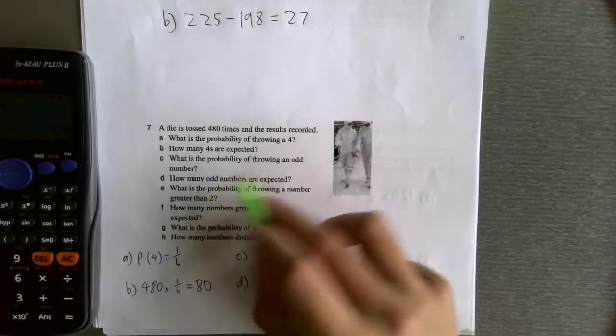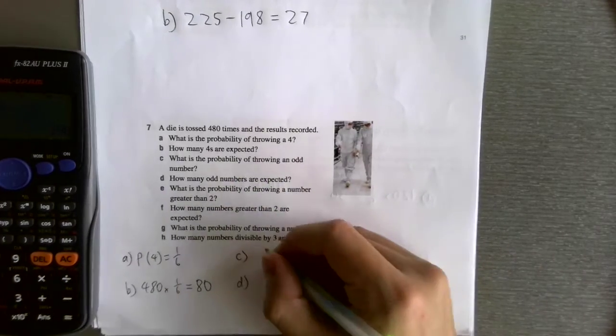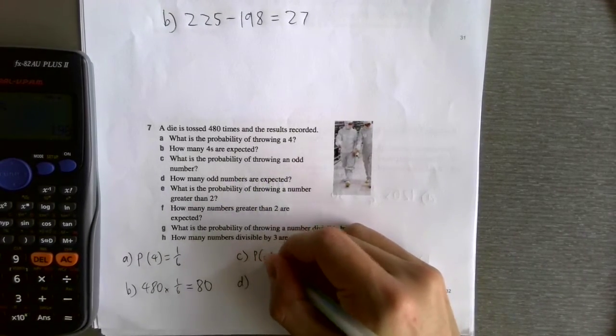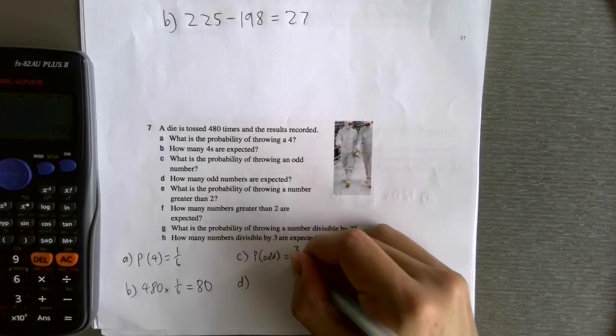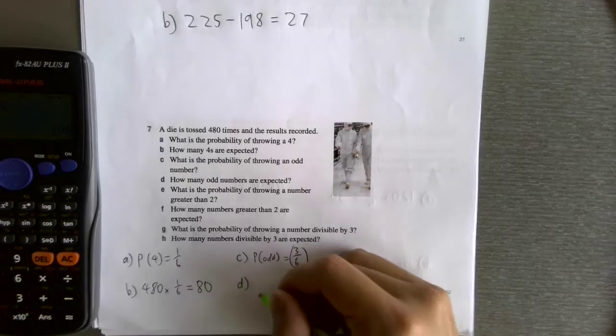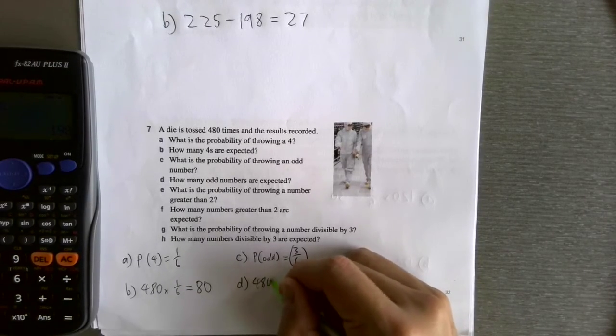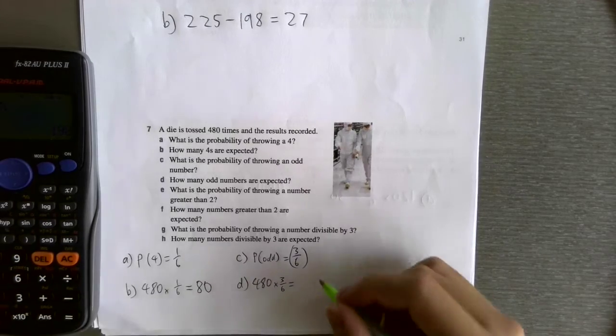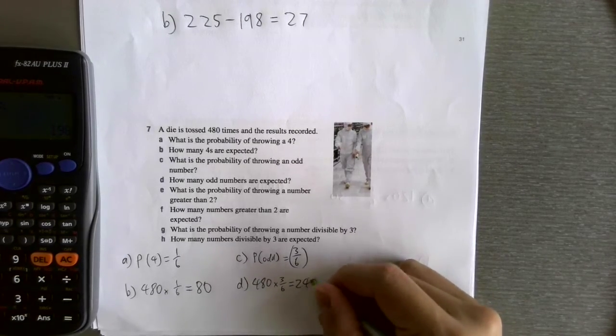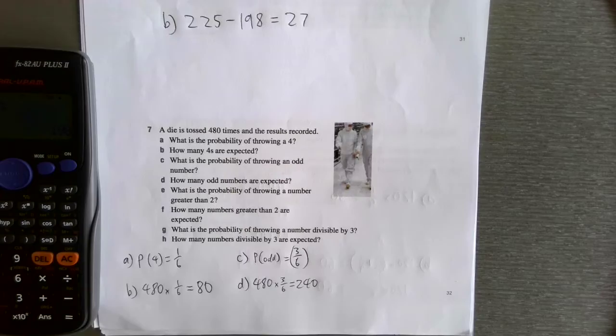The probability of throwing an odd number: there are 3 odd numbers on a dice, 1, 3, and 5, so the probability is 3 over 6, and we do 480 times 3 over 6, and that gives us 240. So we're expecting to roll 240 odd numbers in total.